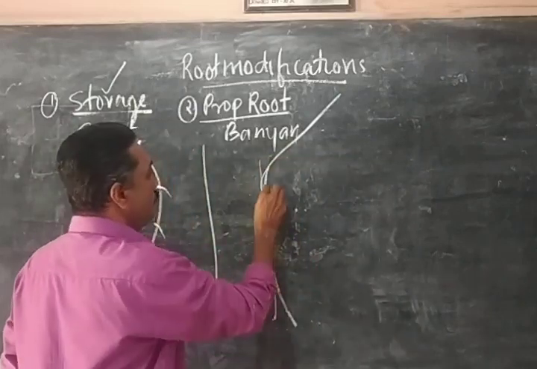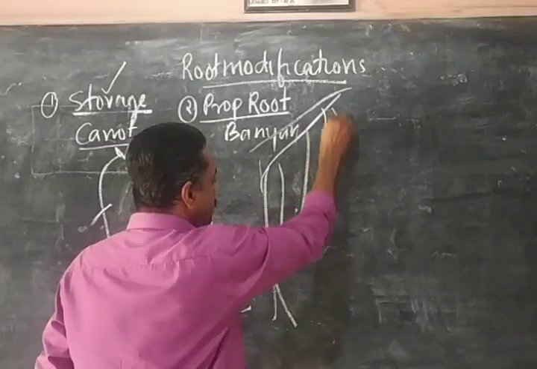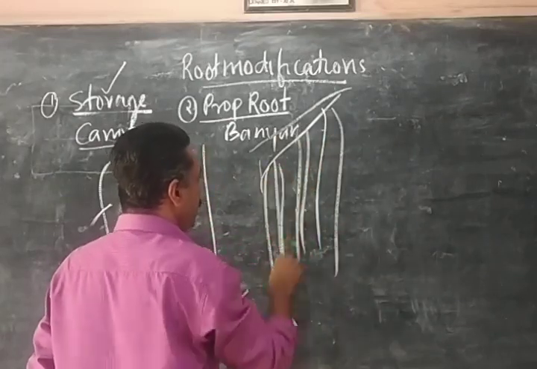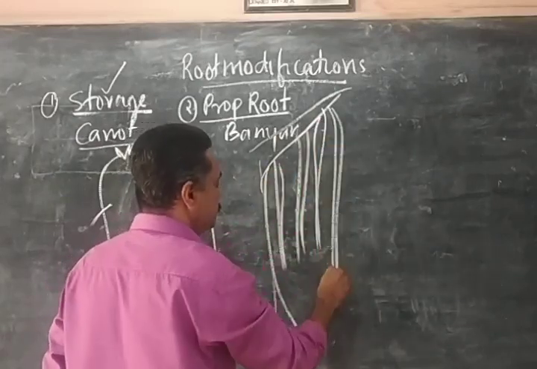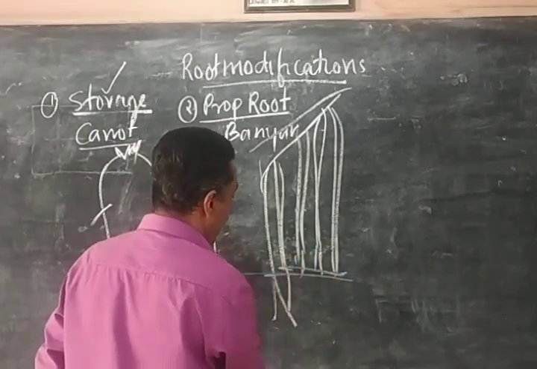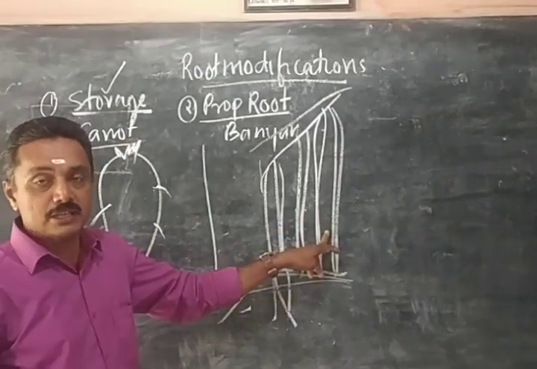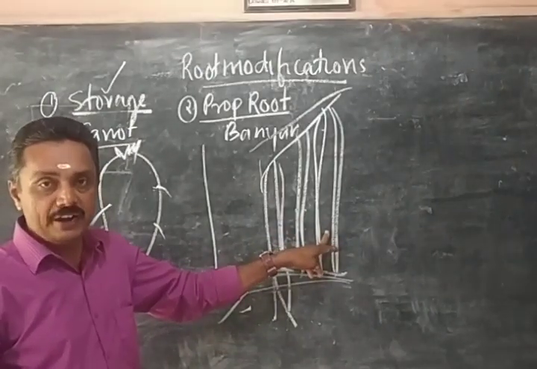From the branches, roots hang downwards, touch the soil, and become thick pillar-like structures in the banyan tree, a Ficus plant.